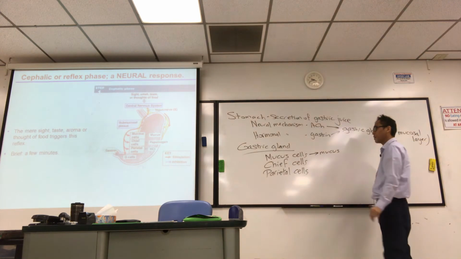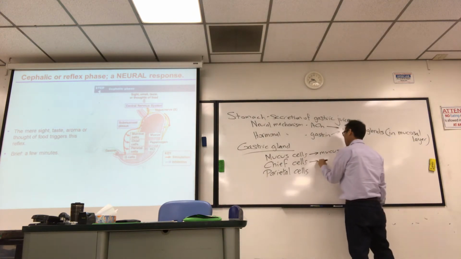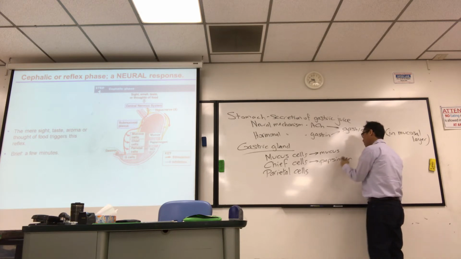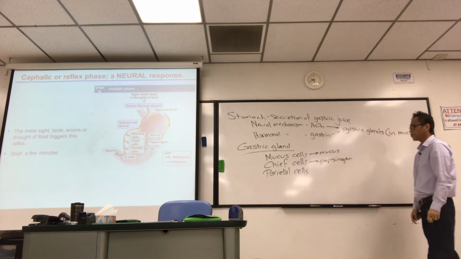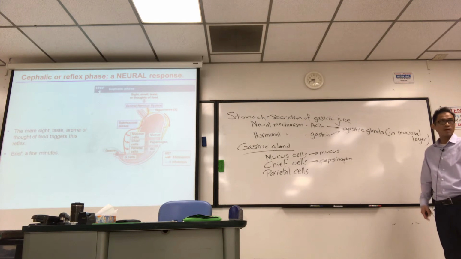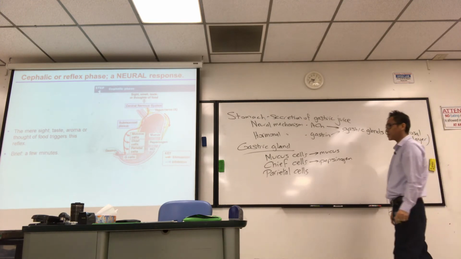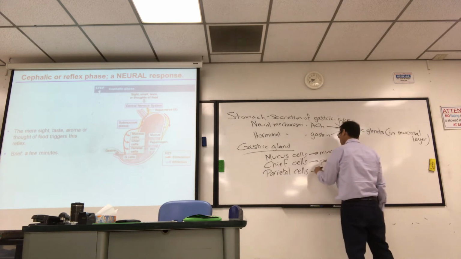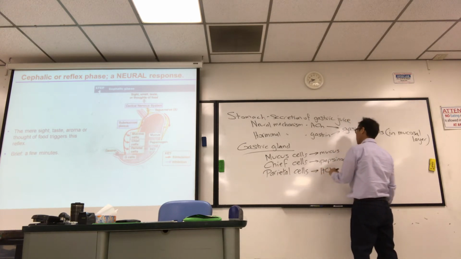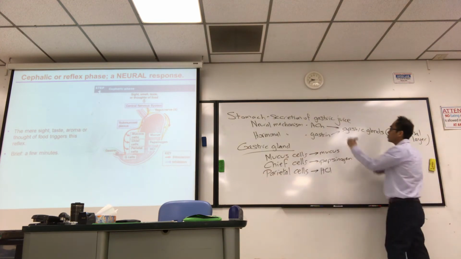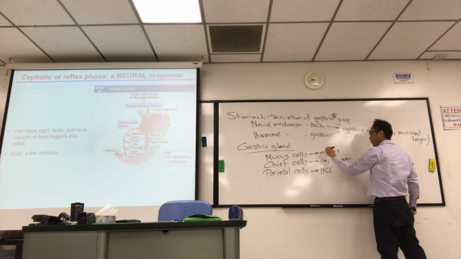Chief cells secrete pepsinogen. That's the inactive form of pepsin, which can help digest proteins in the stomach. I mentioned that earlier. The parietal cells are acid-secreting cells. They secrete good old HCl. So the gastric juices to me is this. When people say juice, it's all three of these things.